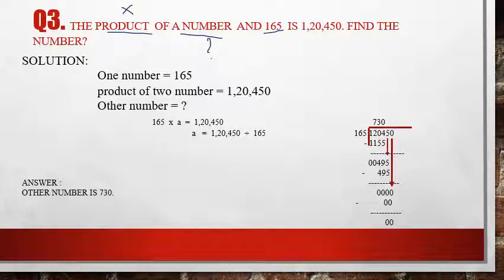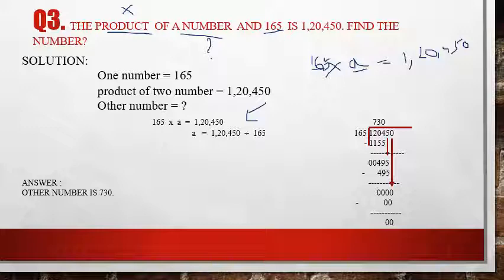When we multiply two numbers, we get 1,20,450. Here we know one number, that is 165, and the second number we will consider as X, A, B, any alphabet you can take. Let's take it as A.